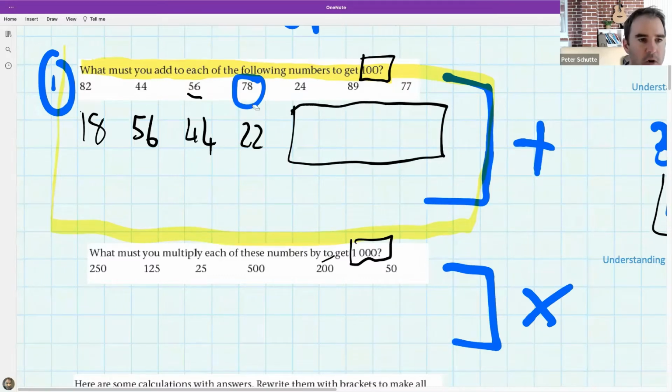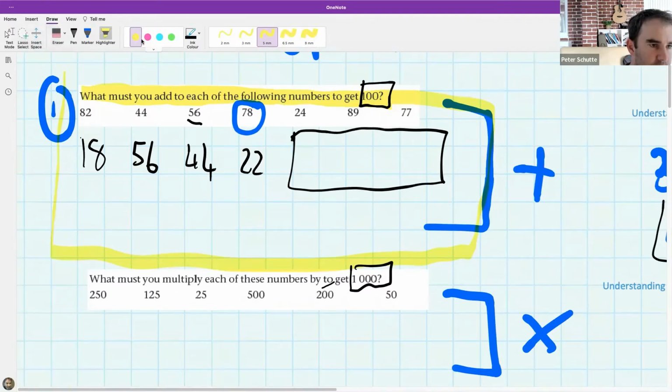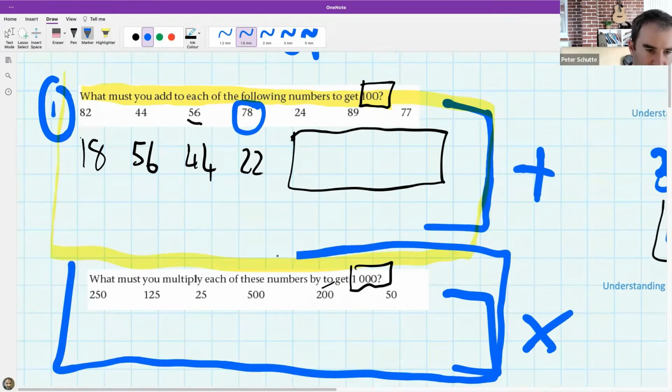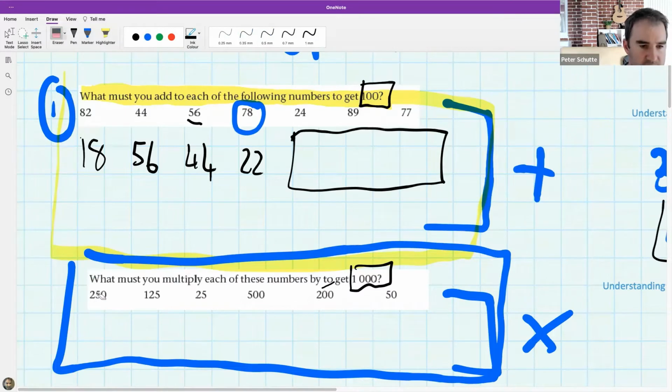We only want to know what do we add together to get 100. Then this question over here, let me get a different color pen, is just multiplying. I'm trying to multiply whatever number is below here to get to 1,000.